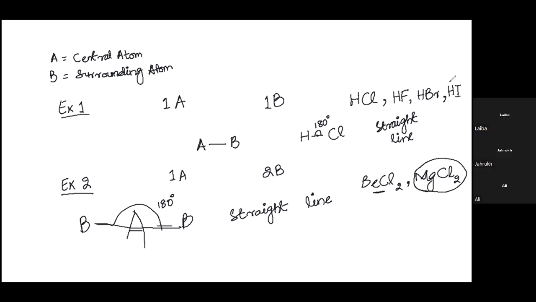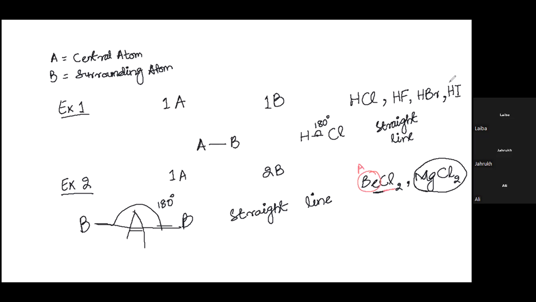Okay, so I think with this kind of example, as soon as you see the example, you would quickly understand that what I'm trying to hint over here is that this beryllium automatically becomes A, or the central atom.